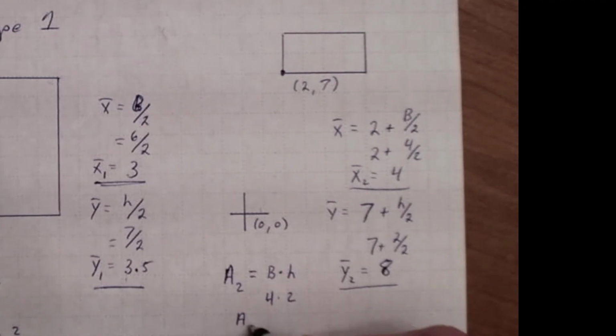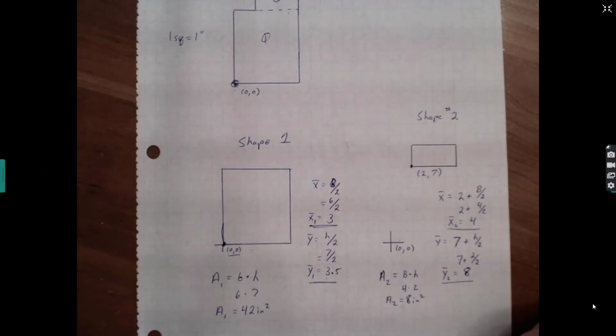So my area of shape 2 equals 8 inches squared. Hopefully that all makes sense. That right there is everything that we've done so far, and we've added up to and tried to get to this point.